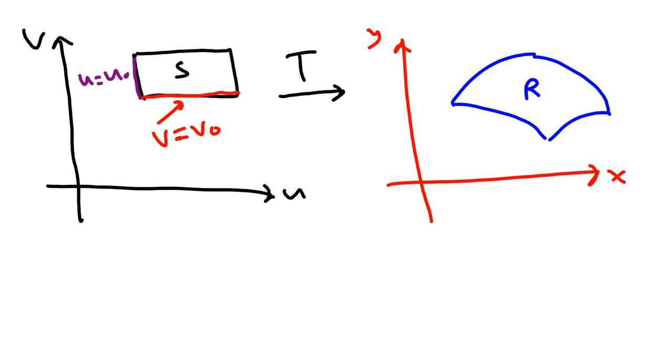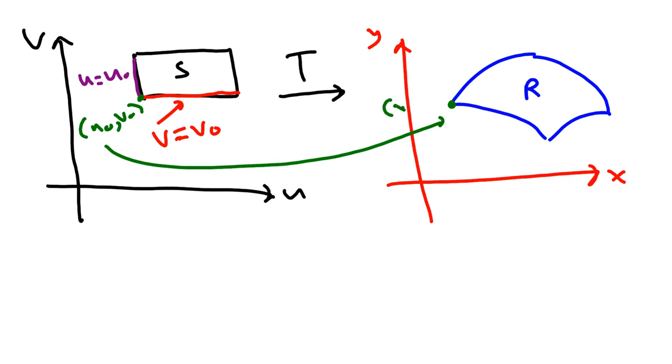And then right here in the corner, maybe that's the point u0 comma v0. Well, after applying the transformation, u0 v0 gets mapped over to this location, which we're going to call x0 comma y0.